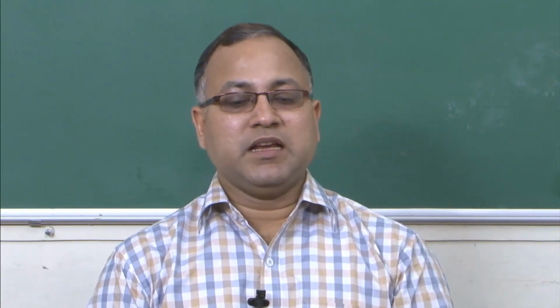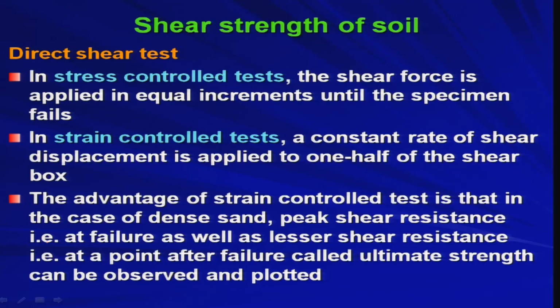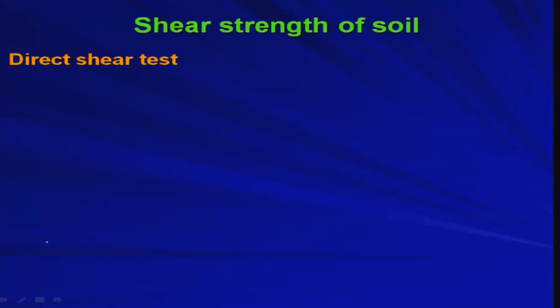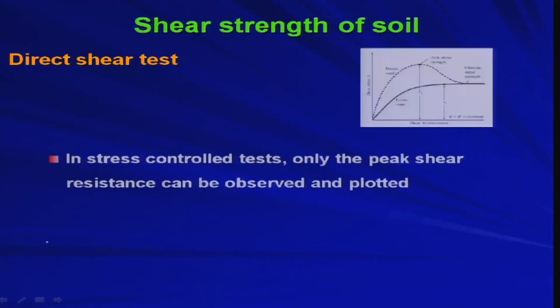So in the case of the strain control test you can capture the whole stress strain behavior for the dense sand, whereas if you go for a stress control test, after reaching the peak, when the stress falls down, you will not be able to capture that part, because in the stress control test you control the shear stress and you go to progressive failure of the material. These things we have seen in the last lecture.